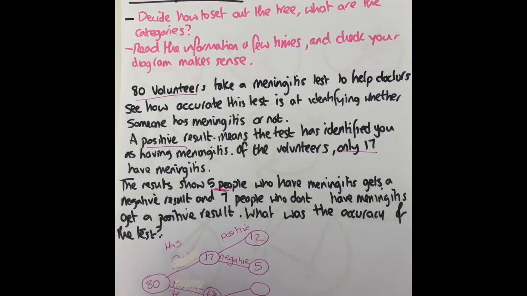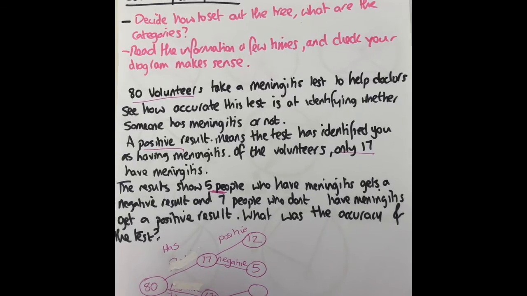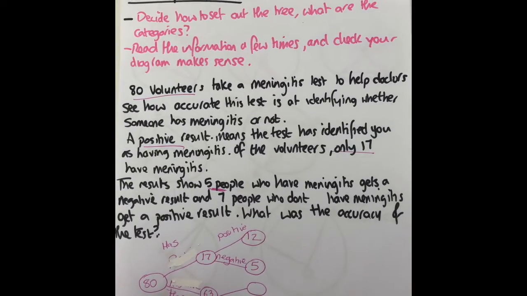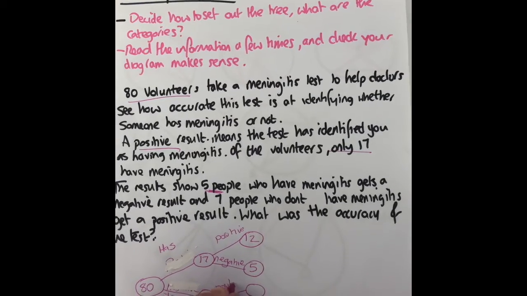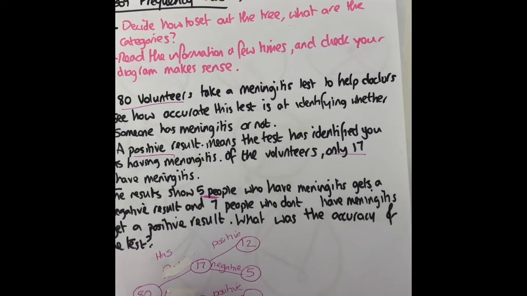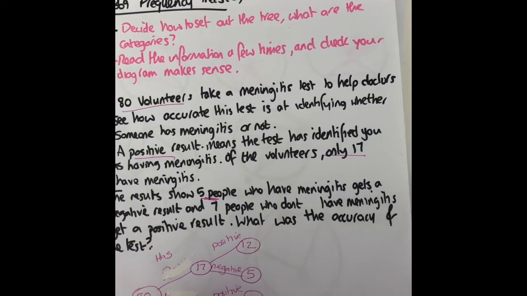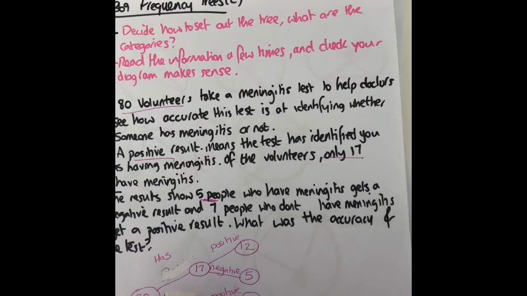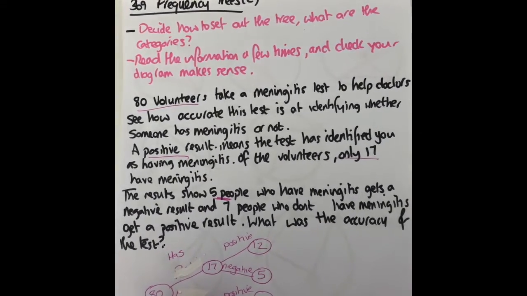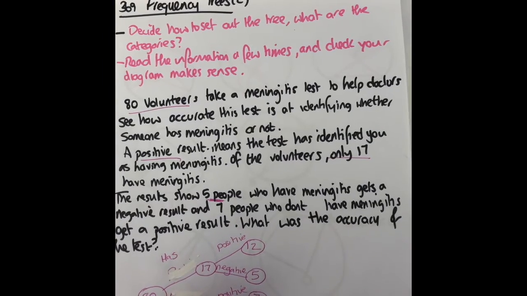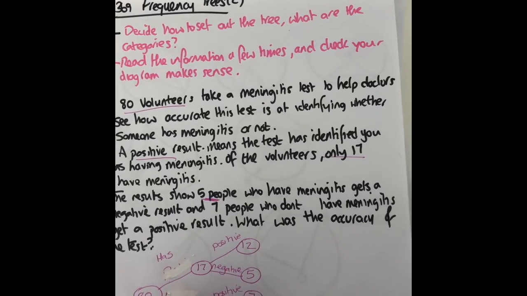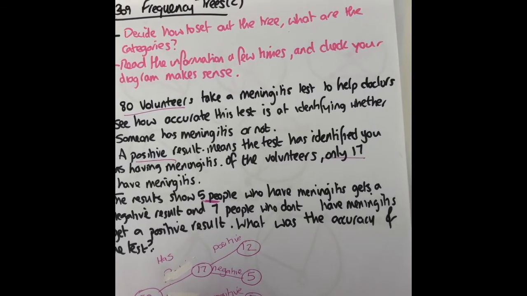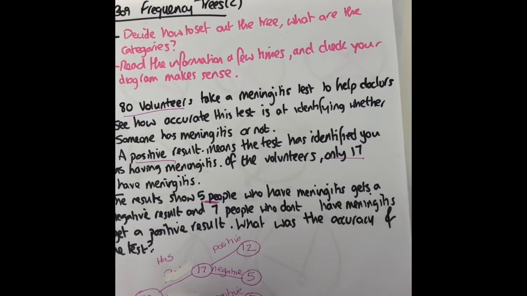The results show that 7 people who don't have meningitis, so that's this one, get a positive result. So once again, this has got to be positive and this one will be negative. So 7 people who don't have meningitis, this one, get a positive result. So then whatever's left will be 63 take away 7, which is 56.